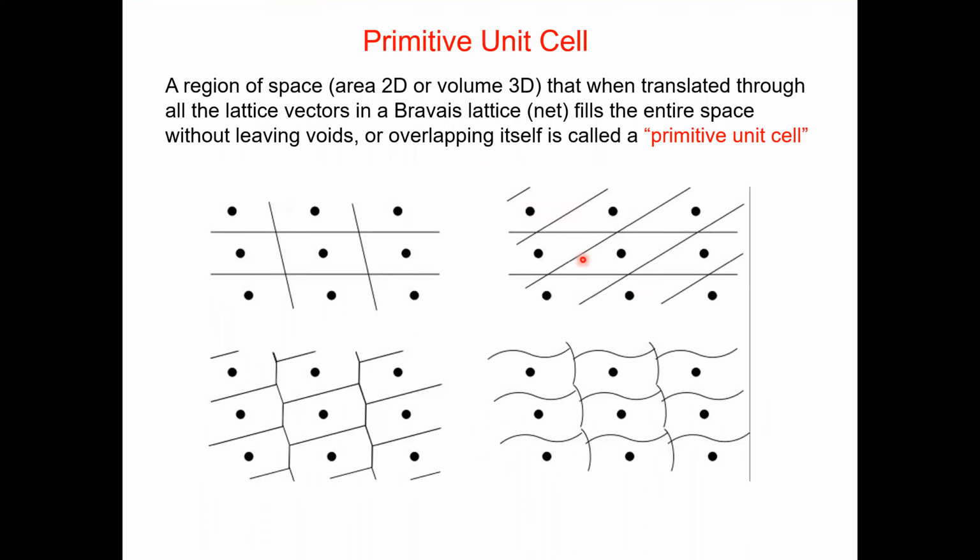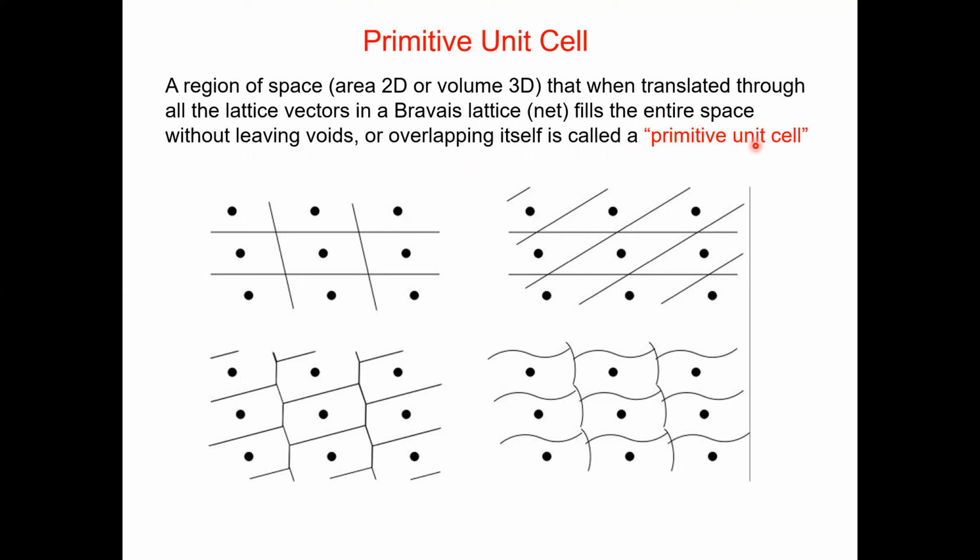Here are all examples, right? So let's say this is like a 2D. Let's read this out. A region of space, area in 2D net, or volume in 3D Bravais lattice, that when translated through all the lattice vectors in a Bravais lattice or net, fills the entire space without leaving voids or overlapping itself is called a primitive unit cell.